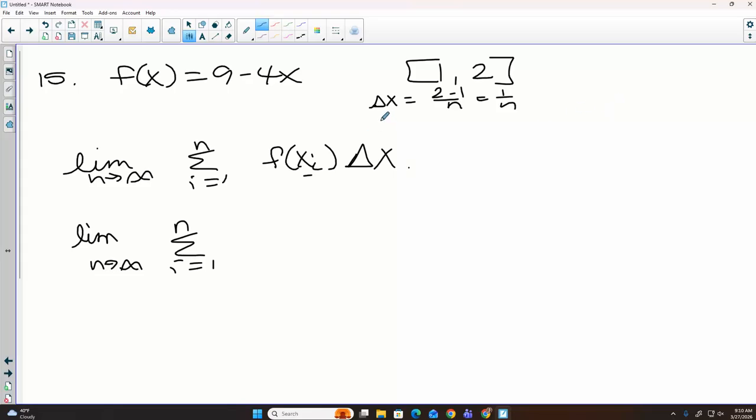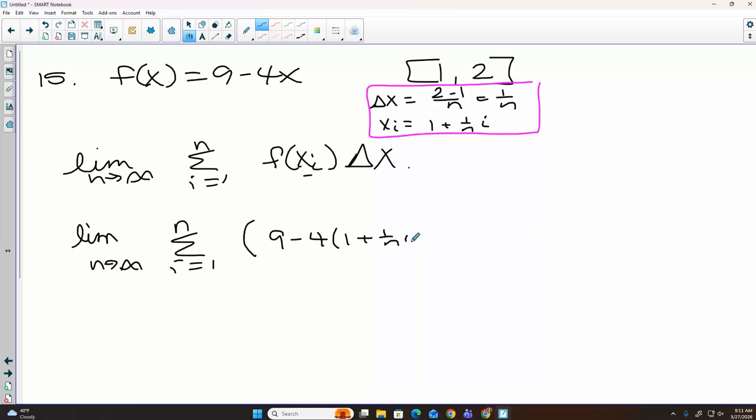X sub I is our starting point plus the change in x times I. So 1 plus 1 over n I. So you have to get those two pieces to put into our formula. So f of x sub I says I go to my function, and I change my x to the 1 plus 1 over n I times my change in x, which is 1 over n.